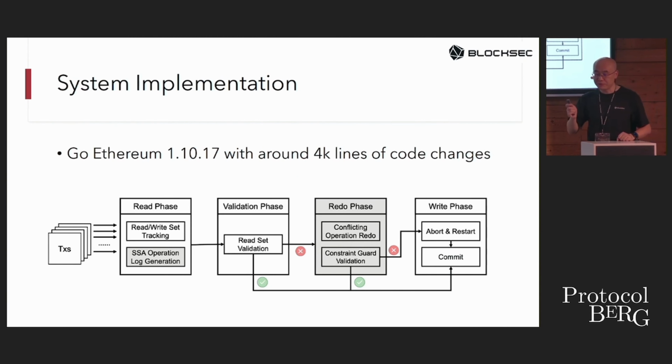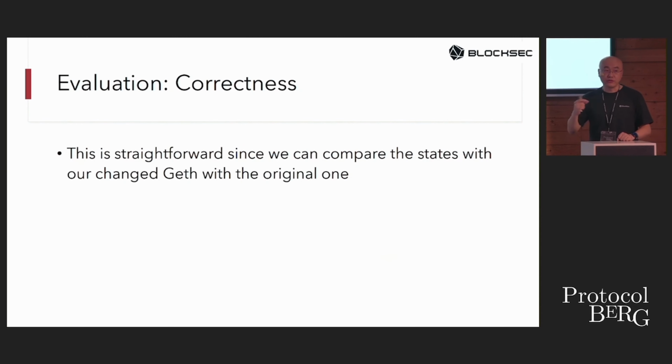We have implemented such a system on Go Ethereum, with around 4K lines of code change. We need to evaluate our system from two perspectives. One perspective is that we need to ensure the correctness of our system.